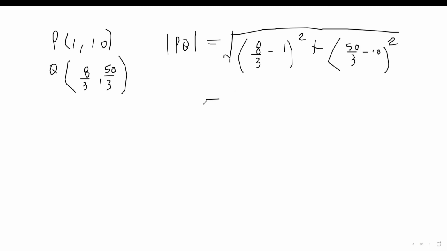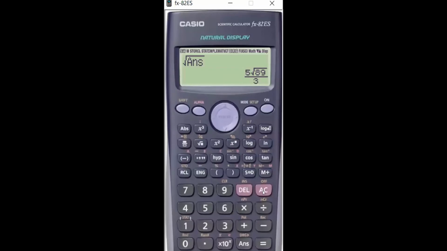You can just put that in a calculator. No issues. Let's put it in the calculator. The square root of, open bracket, 8 over 3 minus 1, squared, plus in bracket, 50 over 3 minus 10, squared, square rooted. Work that out. That is it, the distance between them.